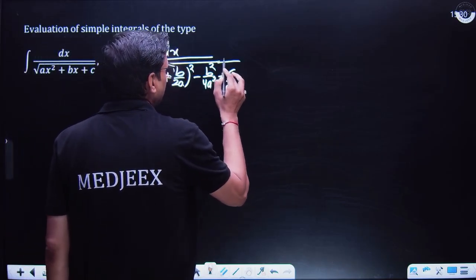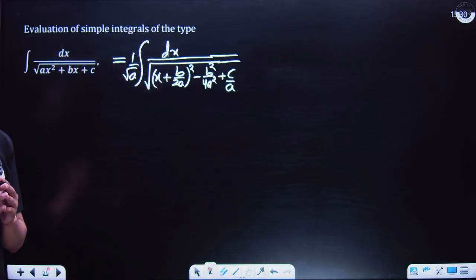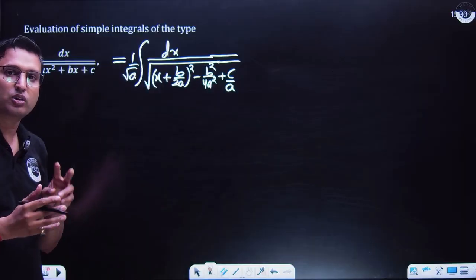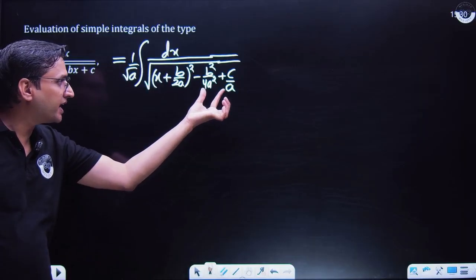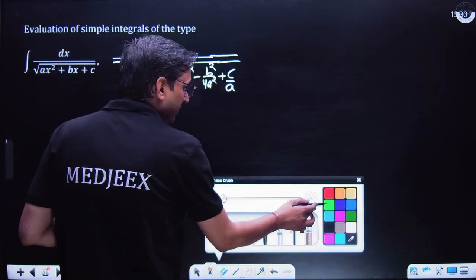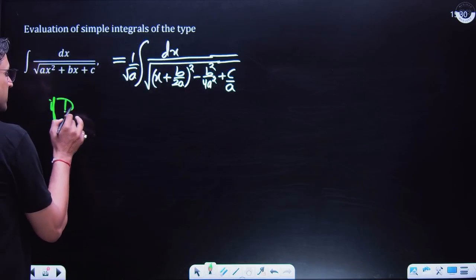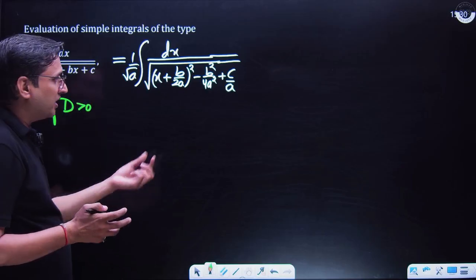Correct? Now see, after doing this, my integration will depend on two things. Is this negative? Is this positive? Now first thing, if d is greater than 0, what is d? D is b square minus 4ac.